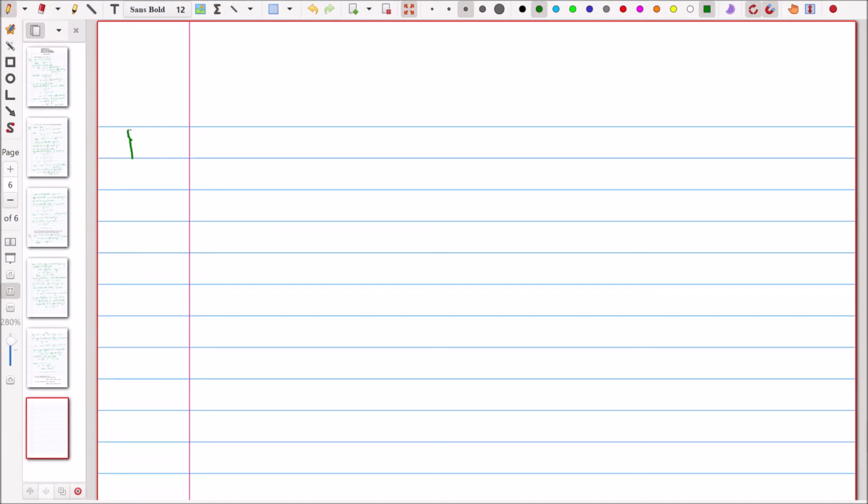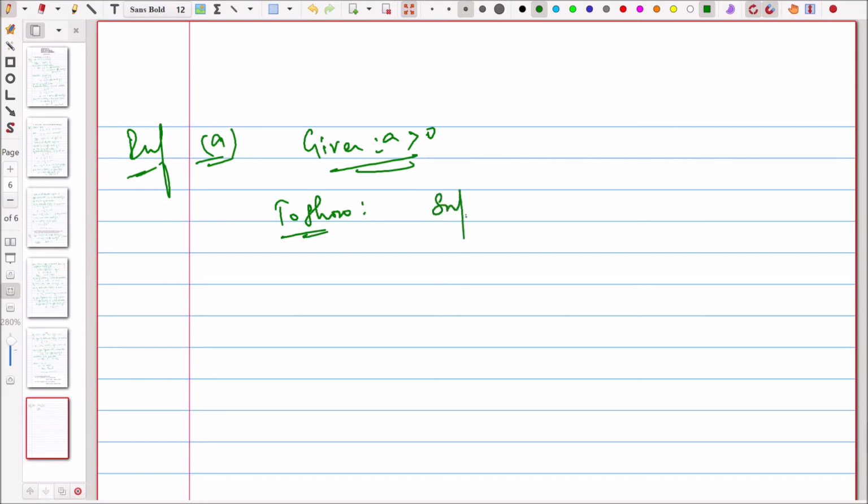So let us start with the proof of part A. Given A is greater than 0, we have to show that the supremum of AS is equal to A times the supremum of S. So this is what we need to show.